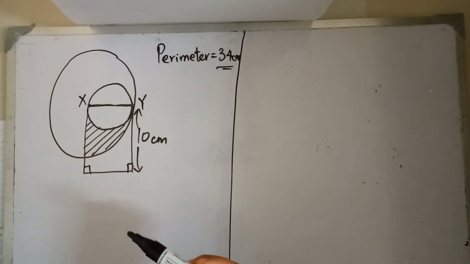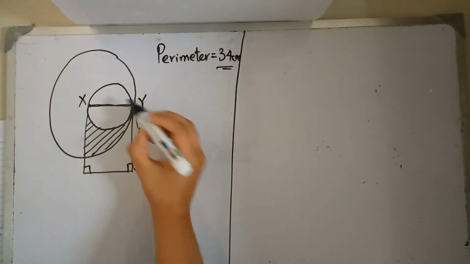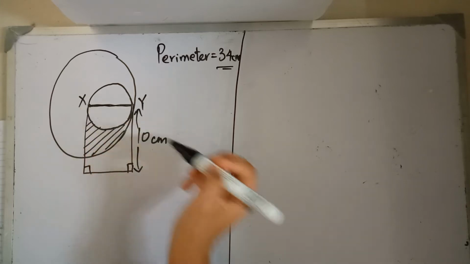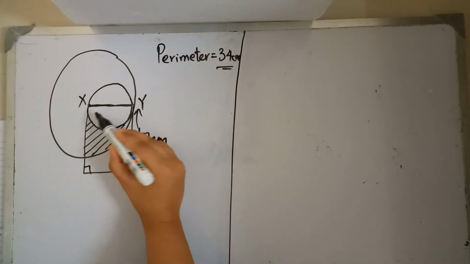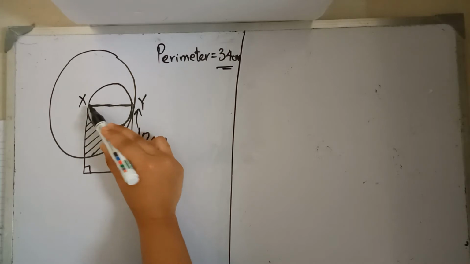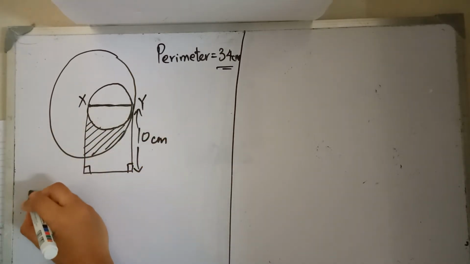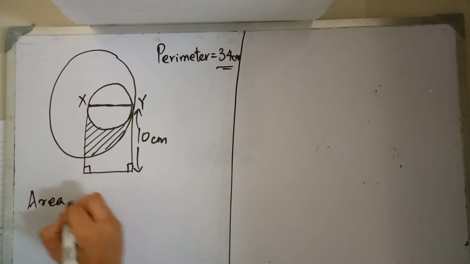And how do we do this? Obviously, we have to find out the area of this part, this quadrant, and subtract the white part, this part. So how to find the area of the shaded part?